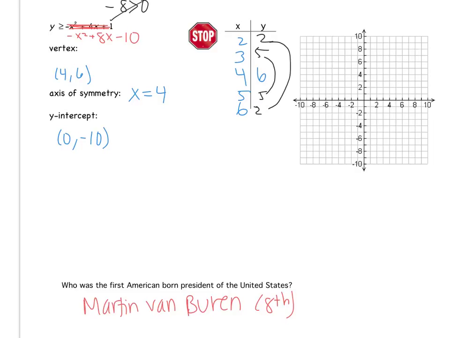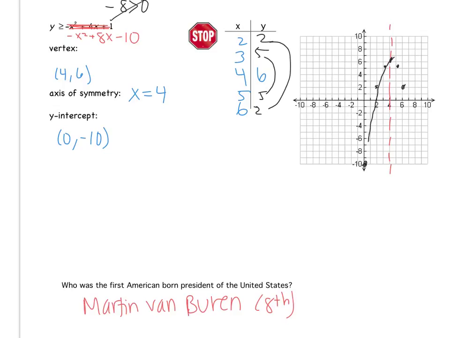Now, graphing this. Here's your axis of symmetry. You should have gotten 4, 6, 5, 5, and 3, 5, and then 2, 2, and 6, 2. It also would not have been a bad idea to substitute in that y-intercept or to plot that y-intercept.